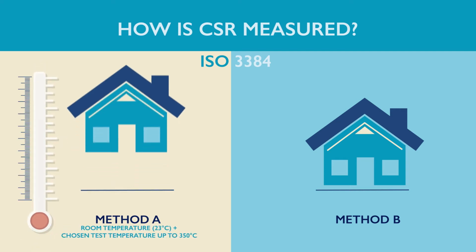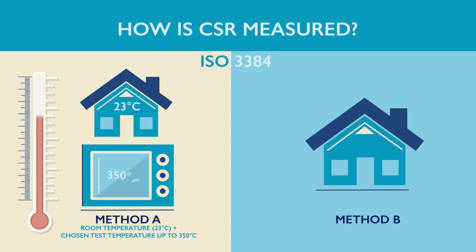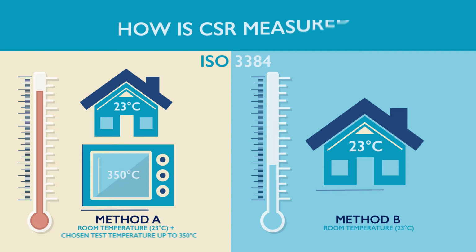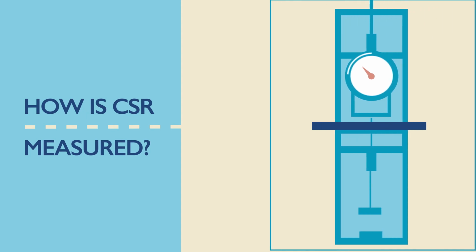Method A is conducted at room temperature, and any chosen test temperature up to 350 degrees Celsius. Method B is conducted at room temperature only. Both of these methods can be done in two different ways, continuous and non-continuous measurement.